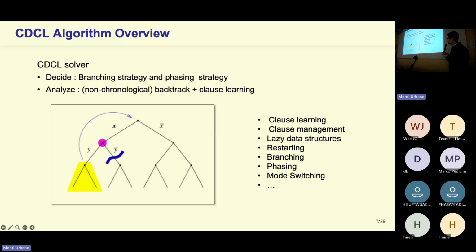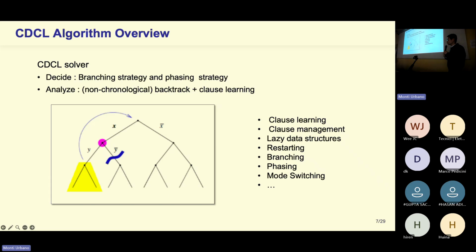And the analyze part concerns what the algorithm does when we meet a conflict in the backtracking tree. It will analyze why this conflict happened. And from this failure, what can we learn?